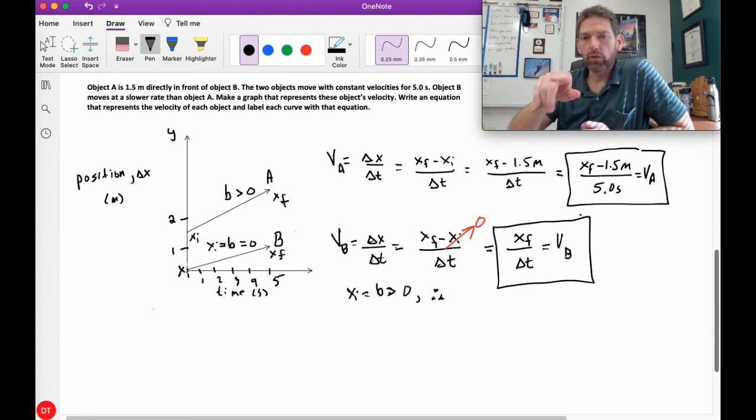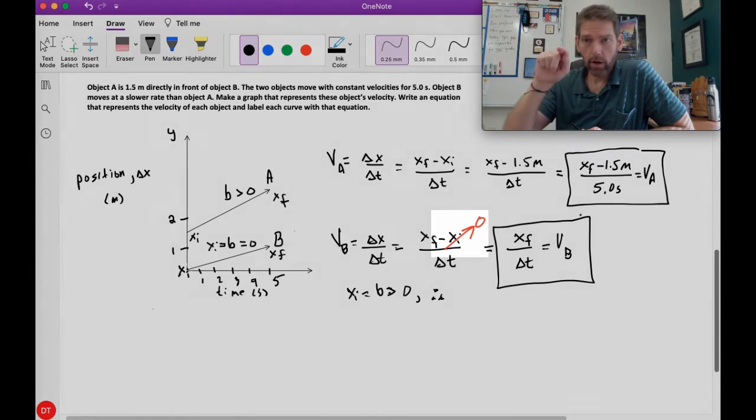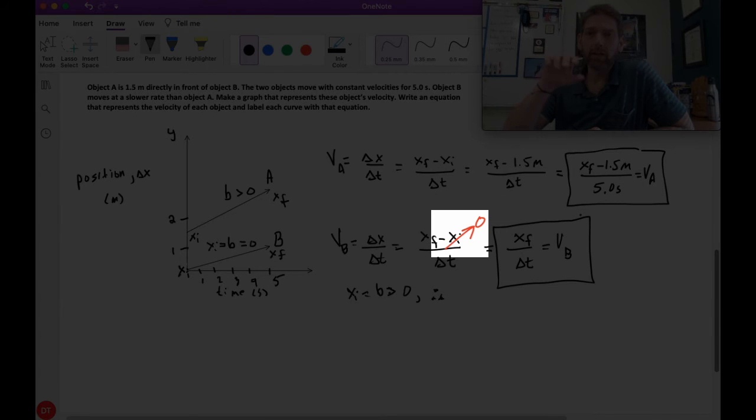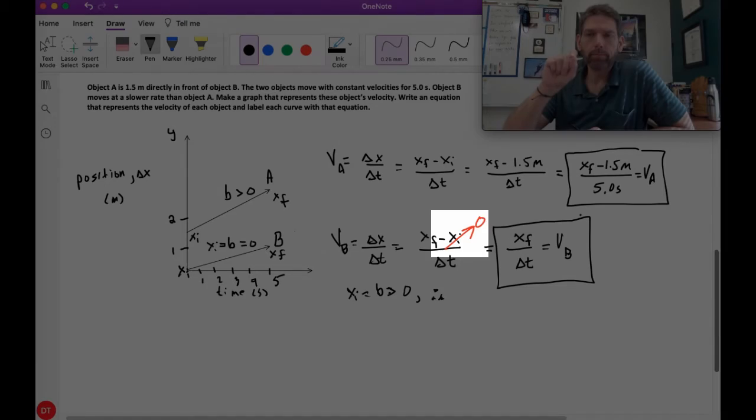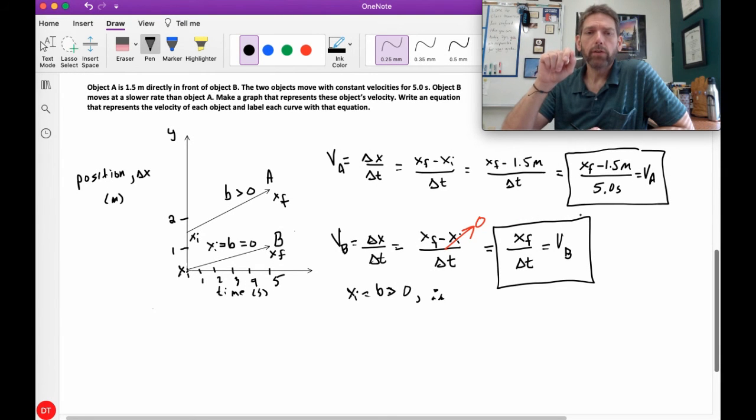The arrow that you see right there on the screen, where we put an arrow through, put a zero, that is a standard notation in physics, so that we don't have to deal with the trivial nature of just subtracting zero from something or adding zero to something. If we know that the value is zero, then we just take it out.